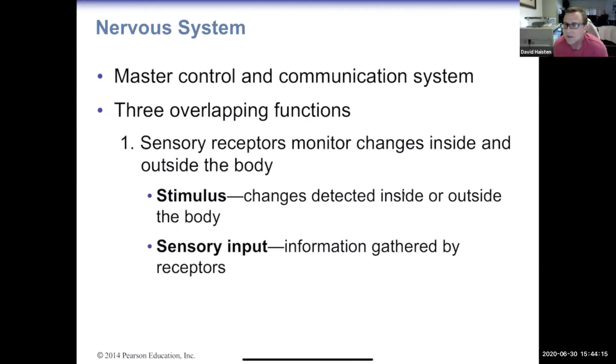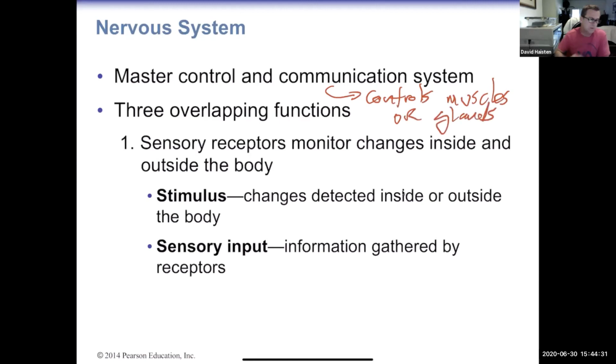Master control and communication system. What does it control? Always muscles or glands. So sensory receptors monitor changes inside your body and outside your body. Yeah, you do have sensory receptors that detect stretch in a joint, what's going on in your digestive tract, that sort of thing.